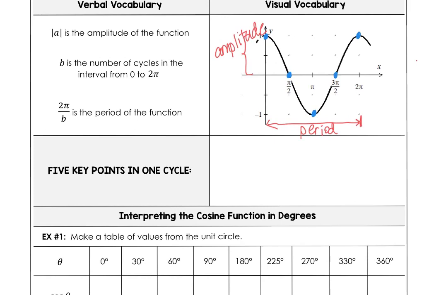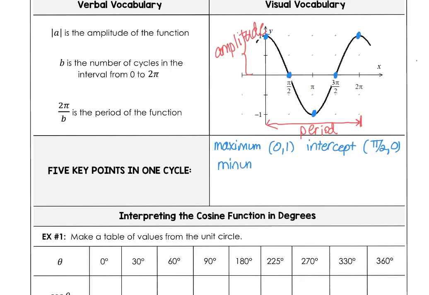Let's record that. So our first point is a maximum that occurs at (0, 1), and then an intercept that occurs at 90 degrees, or pi over 2, 0. The third point is going to be a minimum point.